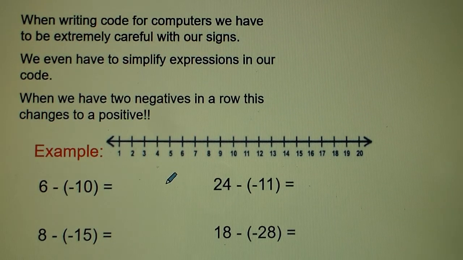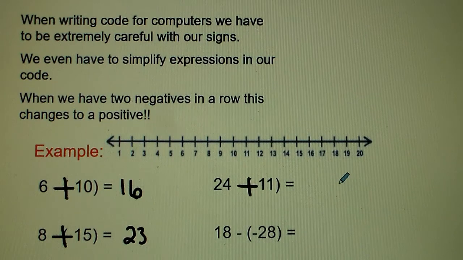Alright, let's look at these. 6 minus a negative 10, well, 2 negatives make a positive, so 6 plus 10 gets us 16. 8 minus a negative 15 is really 8 plus 15, which gets us 23. 24 minus a negative 11 turns into 24 plus 11, which is 35. 18 minus a negative 28, well, negative and negative turns into a positive.